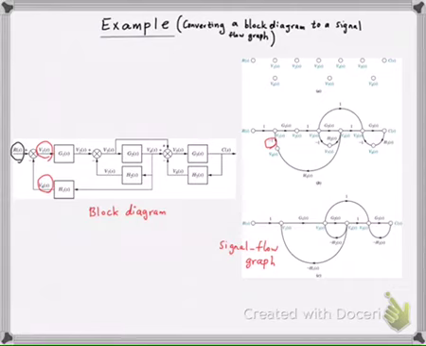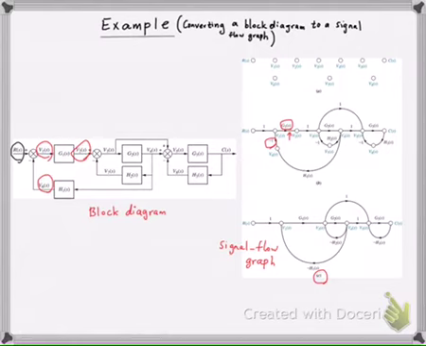And between V1 and V2, it's fairly simple because you just have a transfer function G1, and that's what you see. It's labeled adjacent to this branch. You see G1, and you can do exactly the same thing for all of them, and eventually you would simplify this, so you're going to come up with an equivalent signal flow graph of that block diagram representation, which is shown here in figure C.